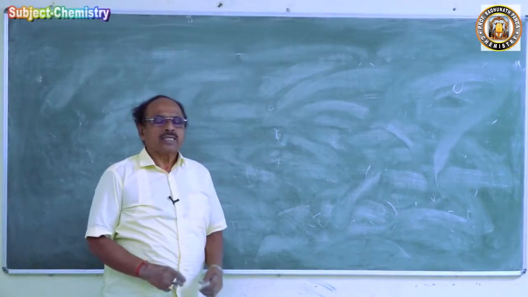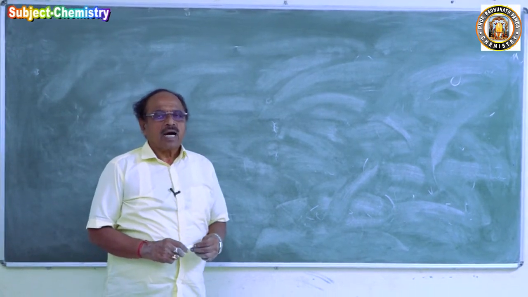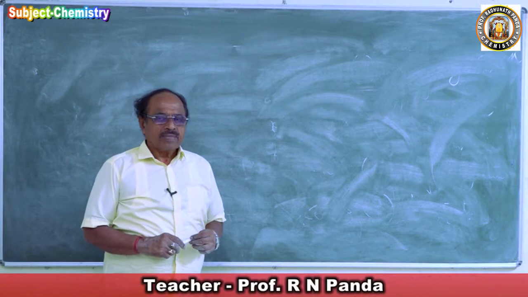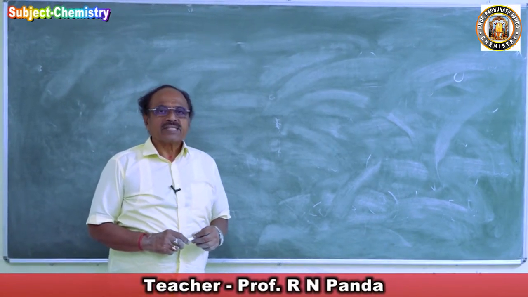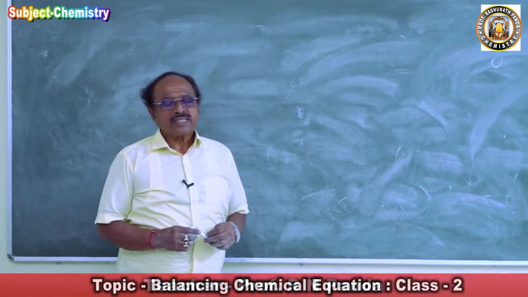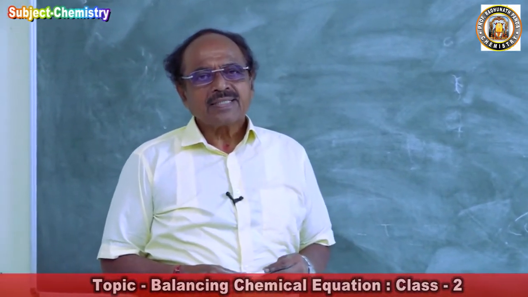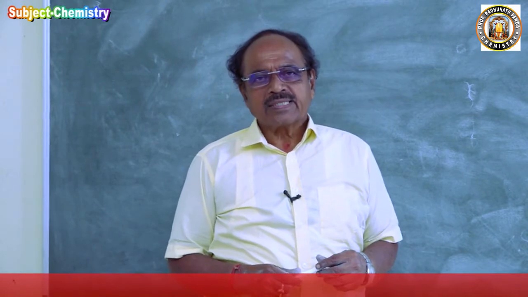So we have discussed how to write a balanced chemical equation. Every chemical reaction can be represented by a balanced chemical equation. In a chemical reaction, the reactants react to form the product.